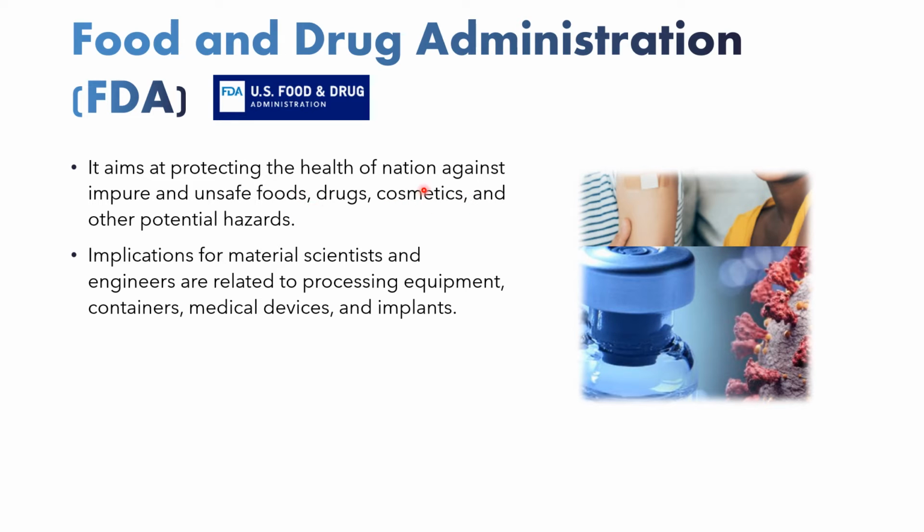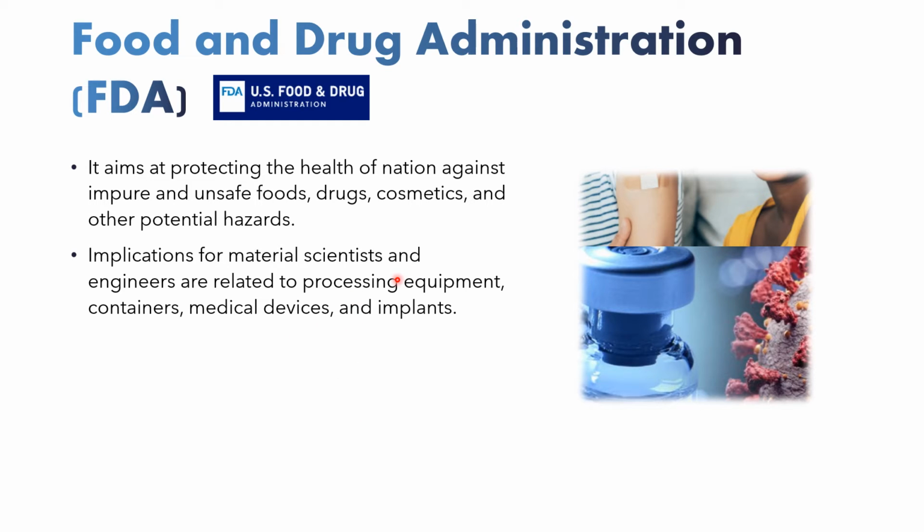And all of them are in direct contact with the human body. We eat this, we use this to protect ourselves from germs and microorganisms, and we use this on our skin. So therefore, it's everything to do with the human system, and this is a very important organization.